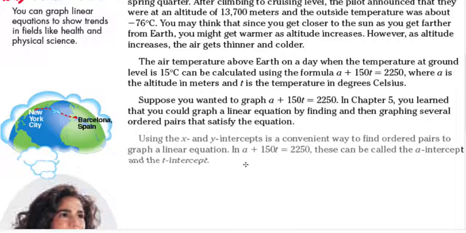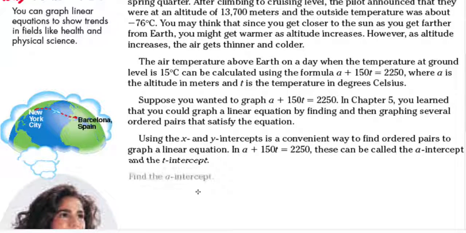Using the x and y intercepts is a convenient way to find ordered pairs to graph a linear equation. In A plus 150T equals 2,250, these can be called the A-intercept and the T-intercept.